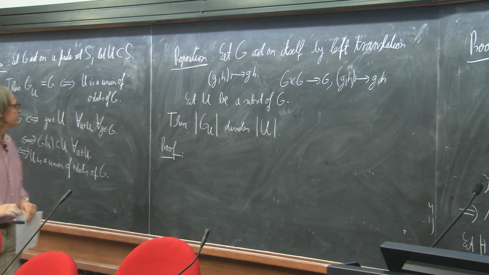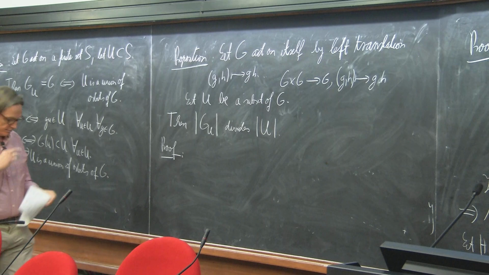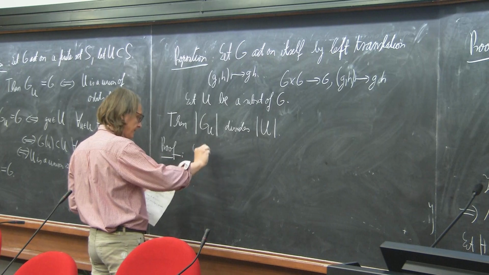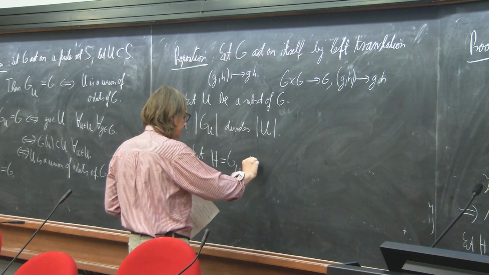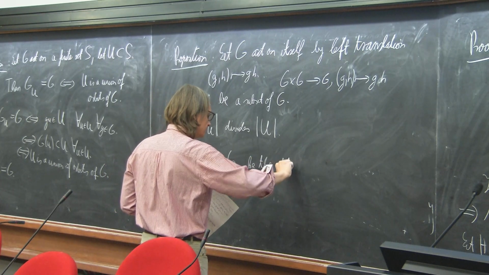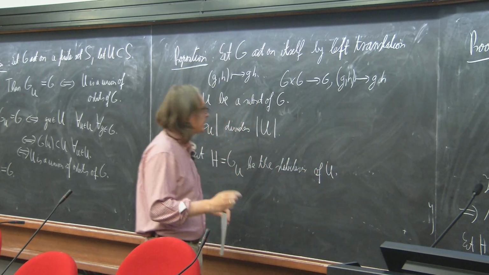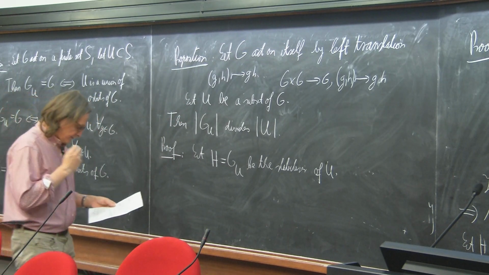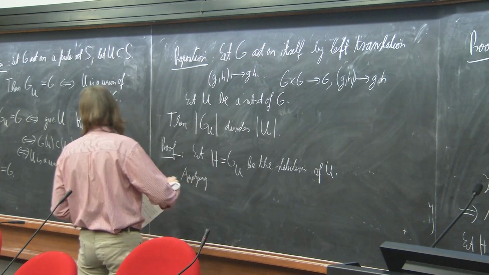So in this case, we apply this theorem here, where we look at the action of the stabilizer on G. So let H equal G_U be the stabilizer of U under the action by left translation here. So applying the previous proposition.